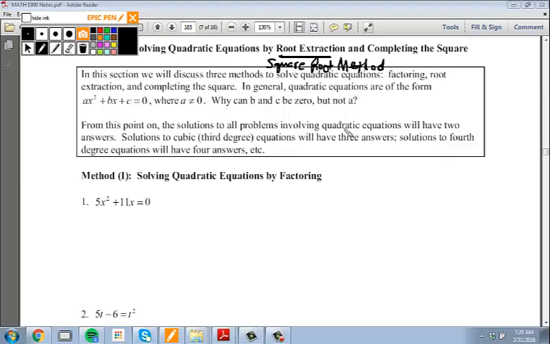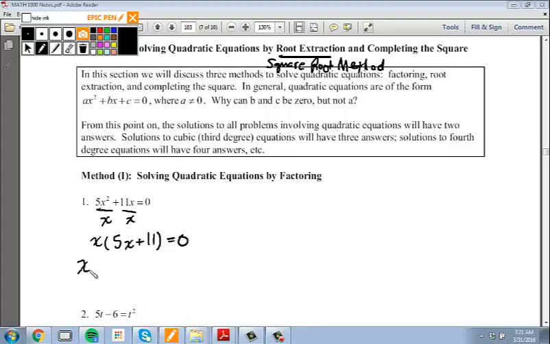Alright, so there are several ways to do this, and one of the ways is to solve quadratic equations by factoring. We have solved quadratic equations by factoring before, but I'm going to review that right now. The first thing to do is to always set the quadratic equal to 0, and then factor out the GCF if there is one, and this one happens to be x, so it's x times 5x plus 11.